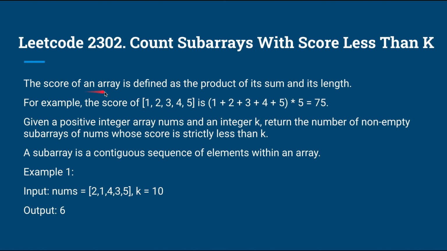The score of the array is defined as the sum of the elements multiplied by the number of elements. So the score is the sum of the subarray multiplied by the length of the subarray.